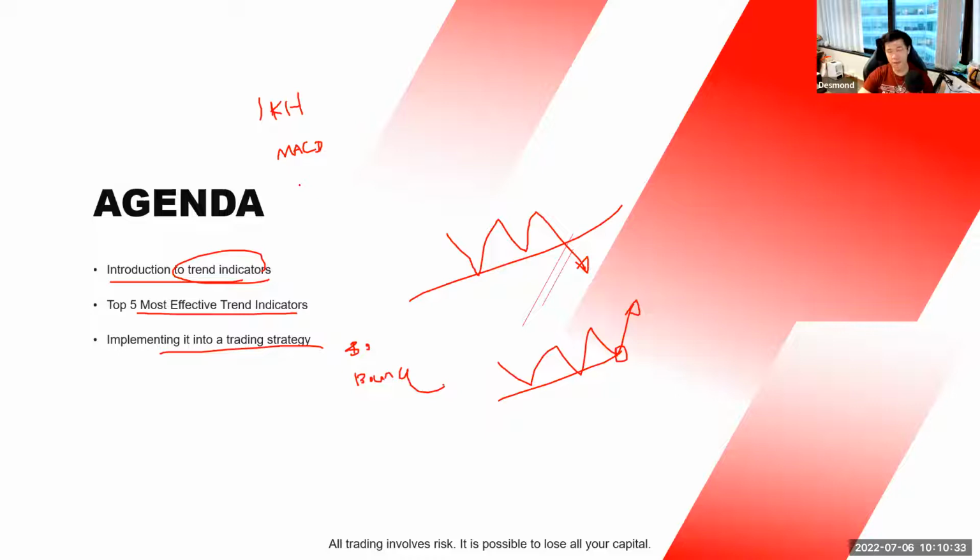There's stuff like moving average crossovers. There is the ADX, a very useful indicator if you know how to use it correctly. It measures the strength of a trend, but it's usually a little bit slow when it comes to measuring trends.